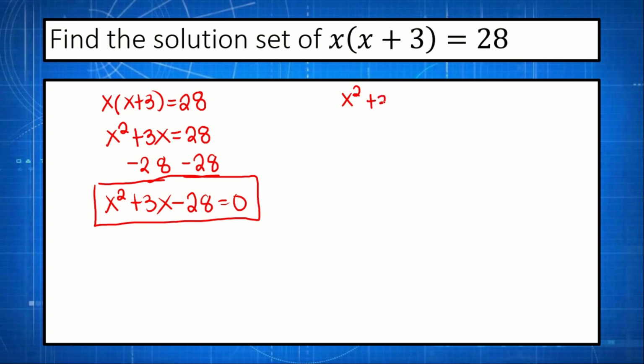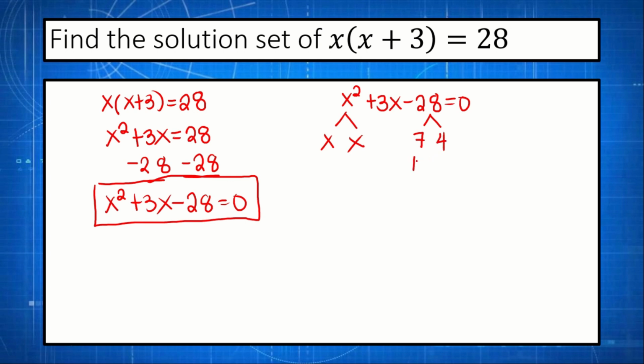So I have x squared plus 3x minus 28 is equal to 0. So I will list first the factor of the first term, and that is x times x. Then I will list all the possible factors of 28, writing first the bigger number or the bigger factor followed by the smaller factor. So here I have 7 multiplied to 4.